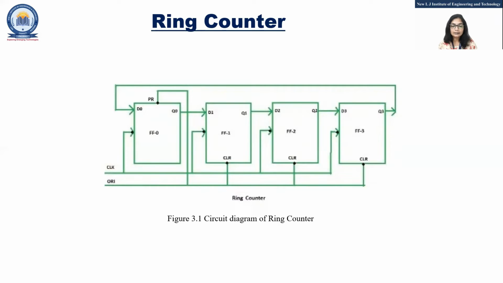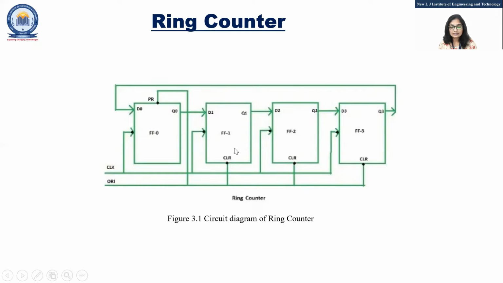If I am applying here 0, then there is an inverter, internal there is an inverter, then 0 will be converted to 1. If this signal is 1, then whatever the input D and clock, it will preset this flip-flop to 1, means output will be 1. Now here, clear signal.